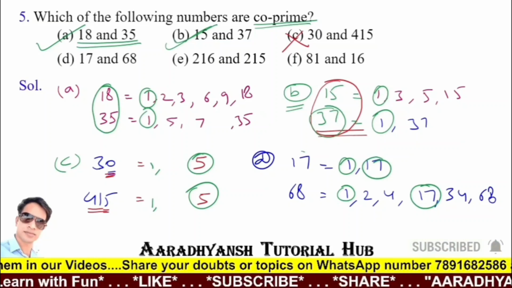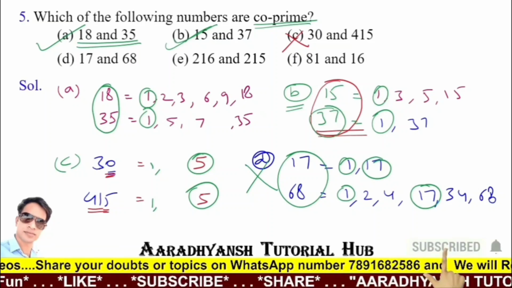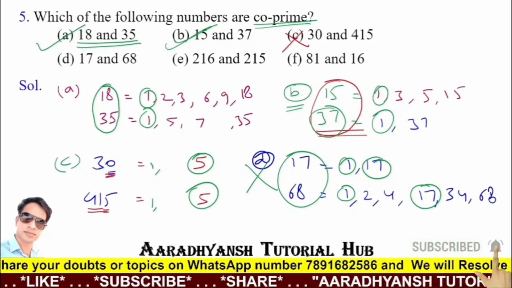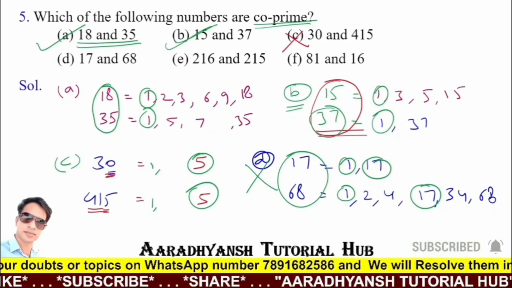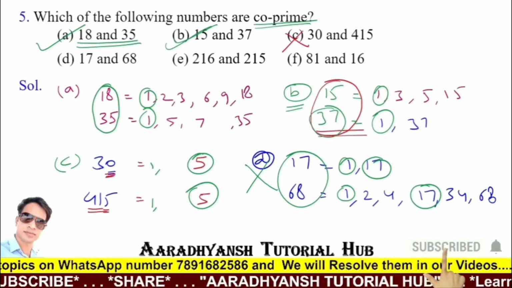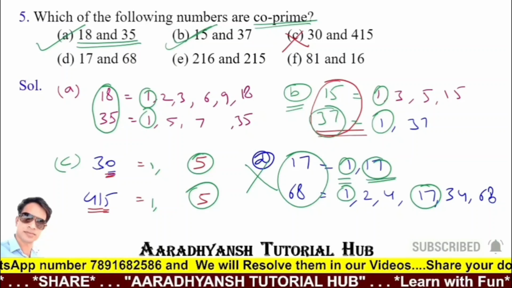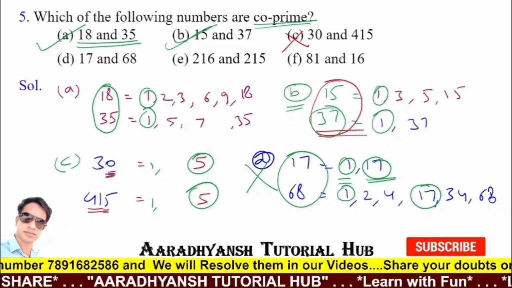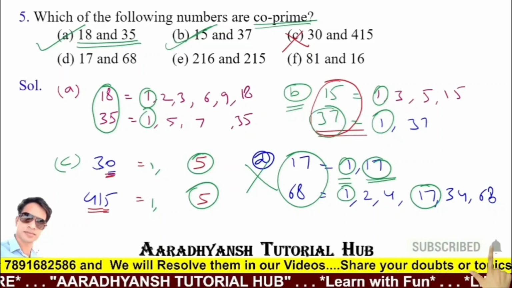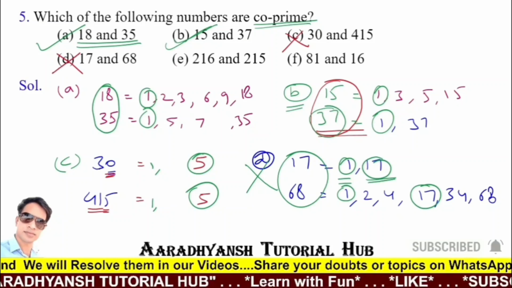So we can say these are not co-prime, because to be co-prime there should be only one common factor among them. But here besides 1 there is another common number, which is 17. So that's why we can say 17 and 68 are not co-prime.